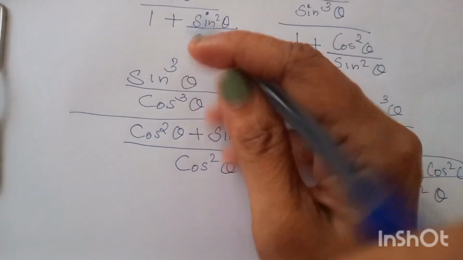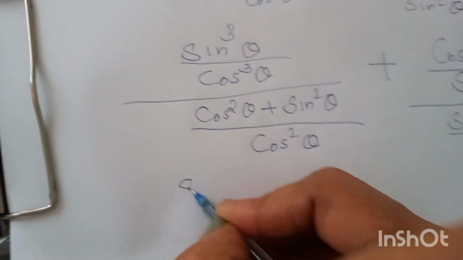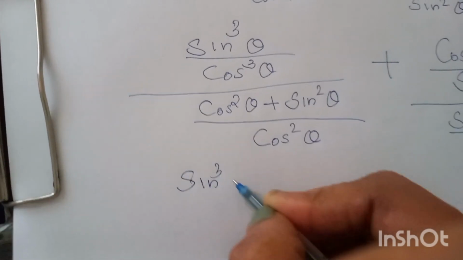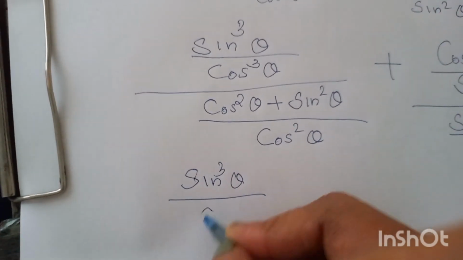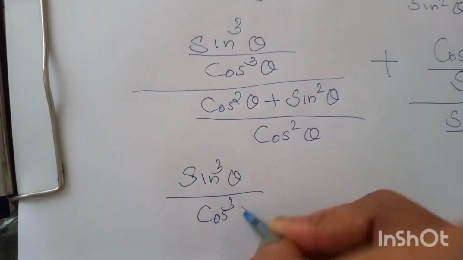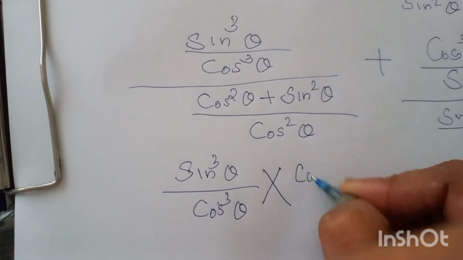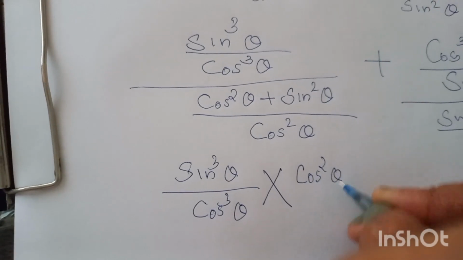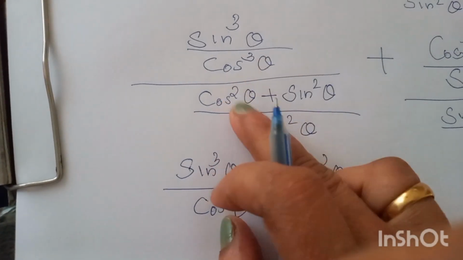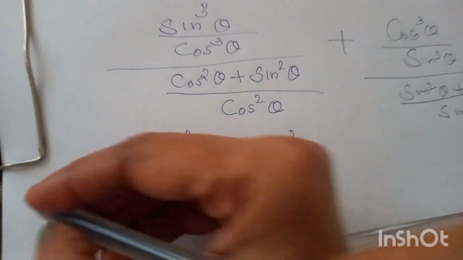So first of all we can do this side. Sine cube theta by cos cube theta into the reciprocal of this, cos square theta divided by what is cos square theta plus sine square theta?